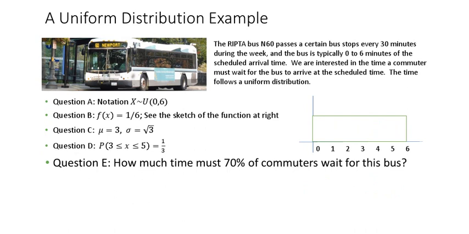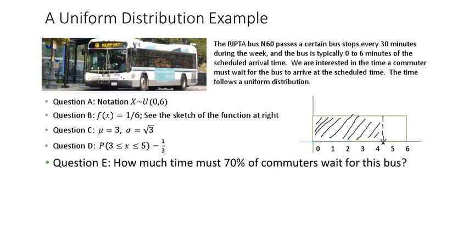Well, one more example here. Let's figure out how much time must 70% of the commuters wait for this bus? Well, what we're really asking is, there's some time here, probably right around here, maybe, I'm guessing. There's some time X that represents the probability that 70% of all the commuters must wait. What is that time?